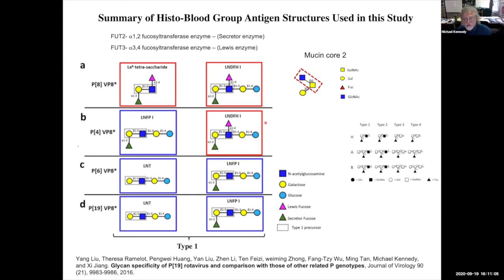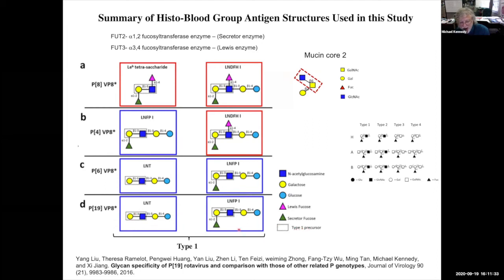The ones I'm going to talk about in this study are shown here. The important thing to recognize, if we focus on LNT here, is that the way these histo-blood group antigens are generated is they start with a disaccharide precursor, shown in the box. So all of these share this disaccharide type 1 precursor.